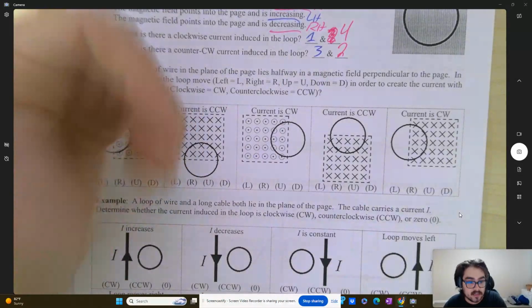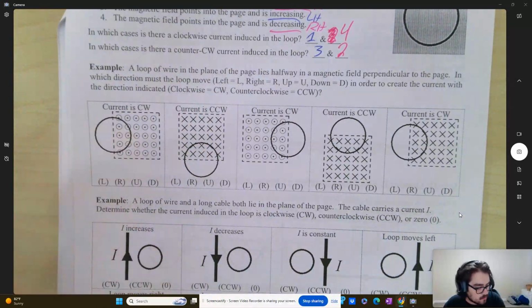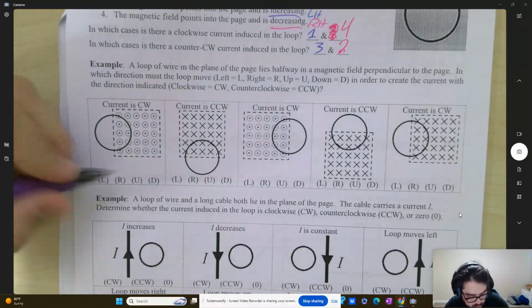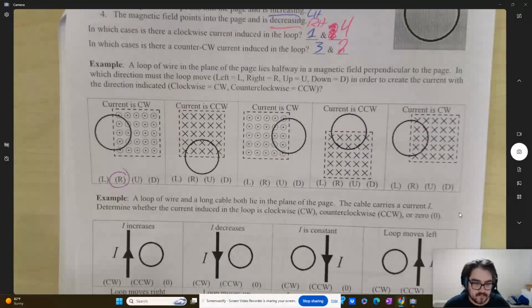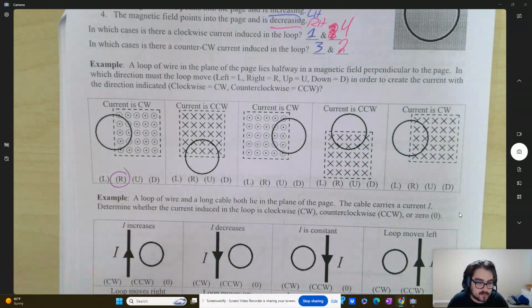So we need an increasing flux. In order to get increasing flux, we want to shift the loop into the magnetic field, so we need to move the loop to the right.